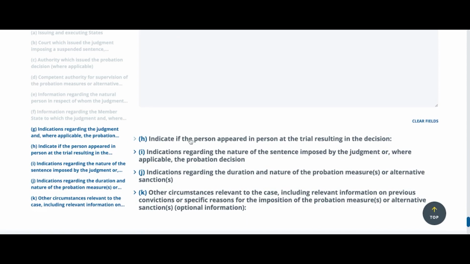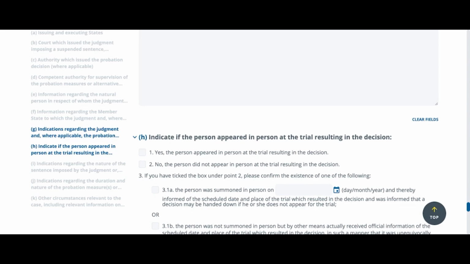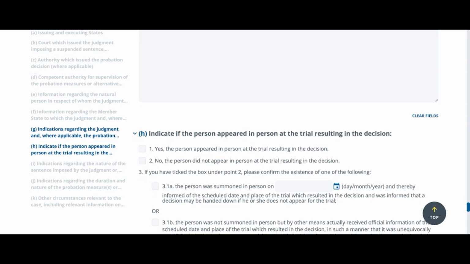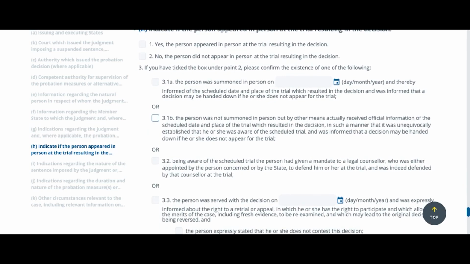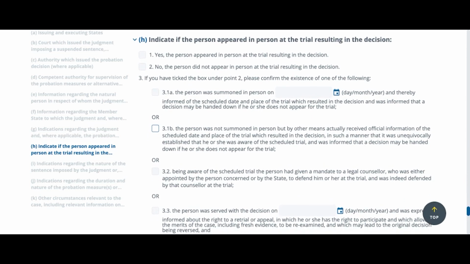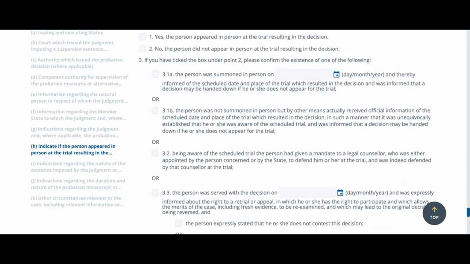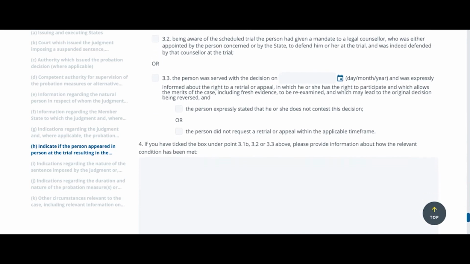Moving on to the next section, indicate if the person appeared in person at the trial resulting in the decision. Again, this is a very tricky section of the certificate, because in some countries the summoning procedure is quite problematic, and therefore here is the place where you need to explain exactly how the person was summoned in case the person was not participating in person in the trial.